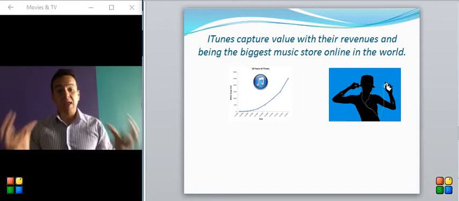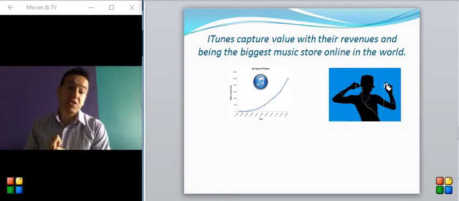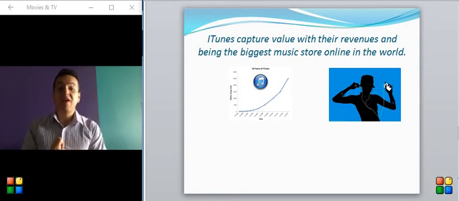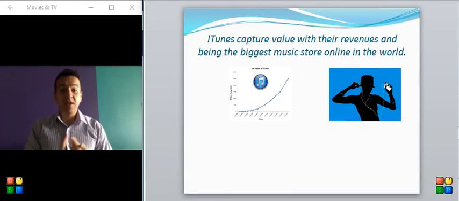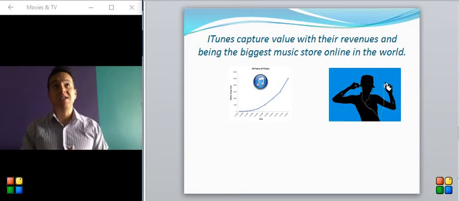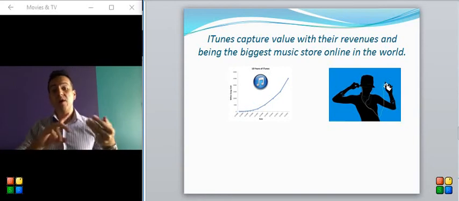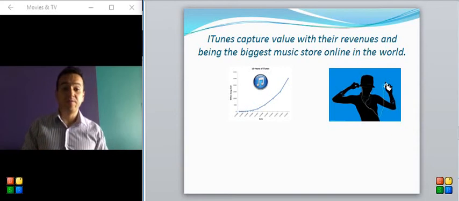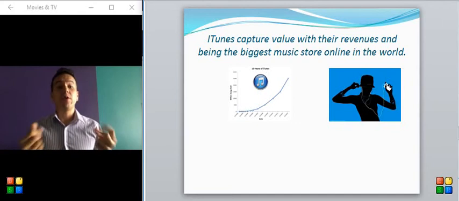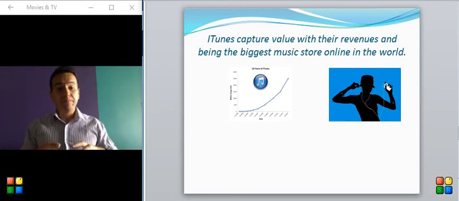So all these elements, as we described before: the value proposition, which is pretty much the music that they offer online; the value distribution, which is pretty much the channels that they use, such as Mac stores, apps, the App Store, and the Apple web page; and how they capture the value, which is pretty much the money they have, as well as being the biggest online music store in the world.